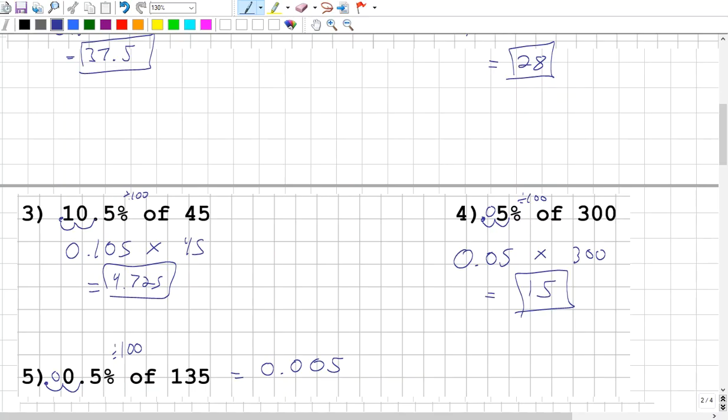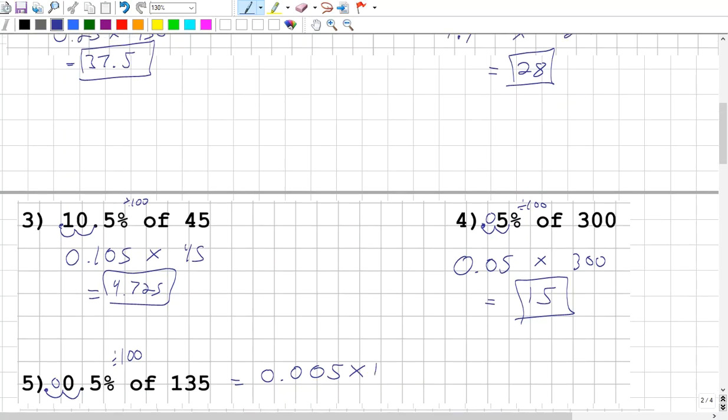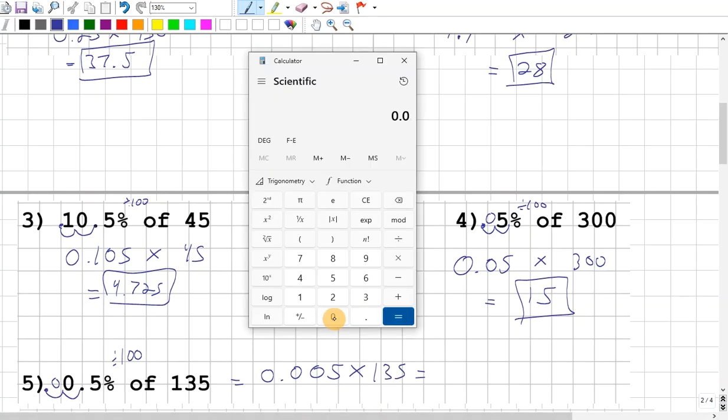And now I need to multiply this 0.005 by 135. So I take my value, 0.005. Be very careful when you're putting it in a calculator because you want to make sure you have the correct number of zeros to push that 5 into the proper place value. So I take that, I multiply it by 135, and I end up with 0.675.